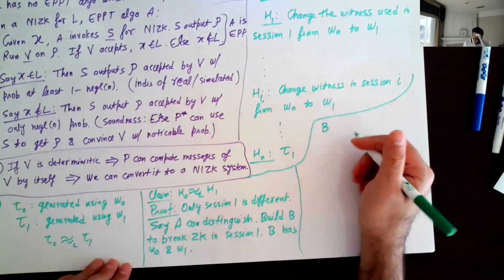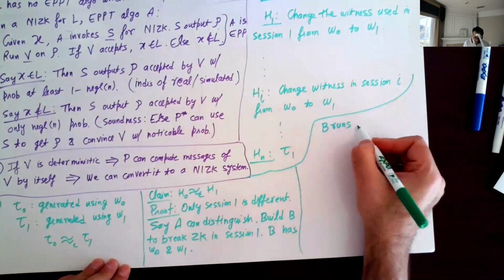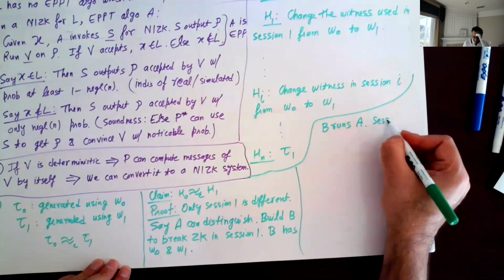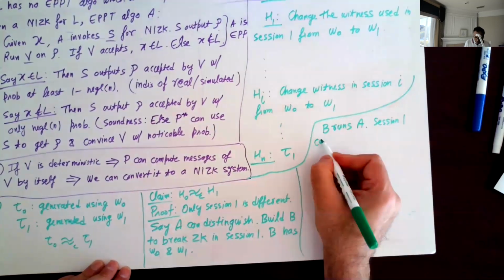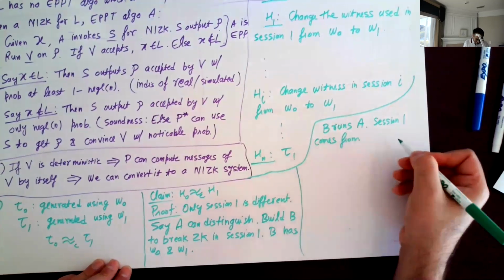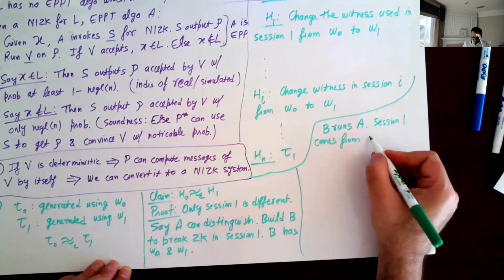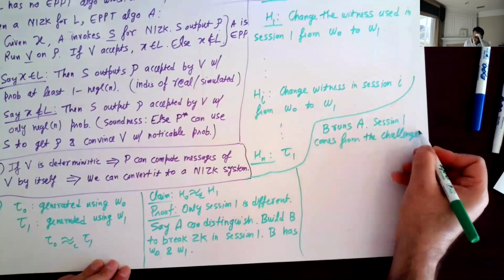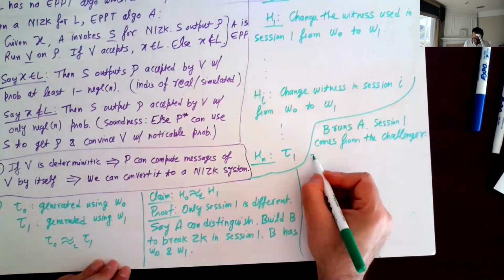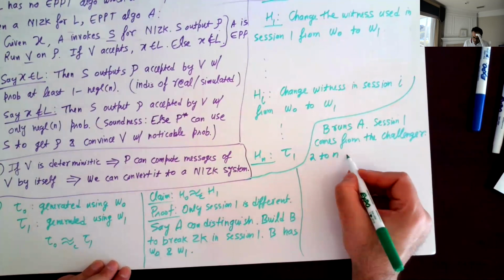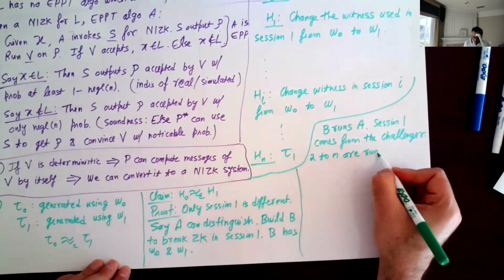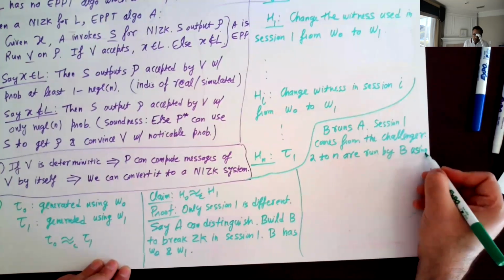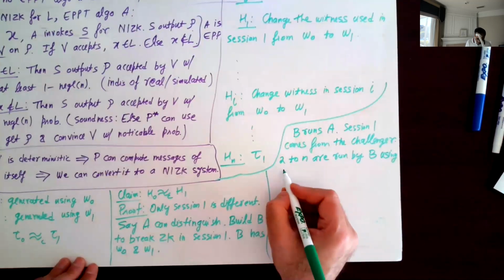So B runs the algorithm A. Session 1 comes from the challenger, the challenge prover. Sessions 2 to n are run by B using the witness W1.